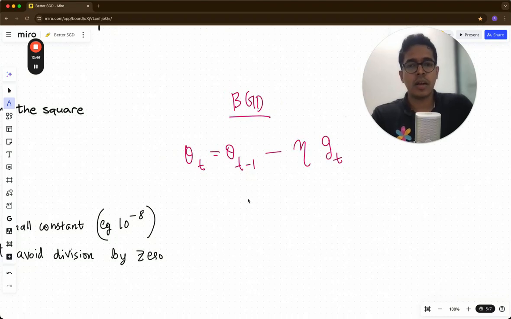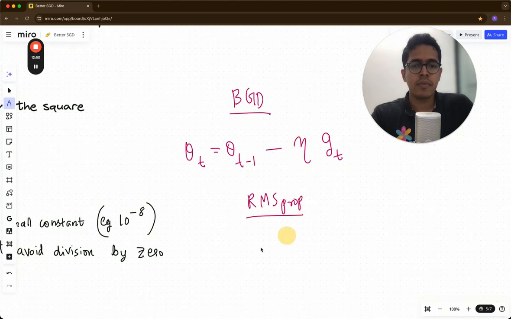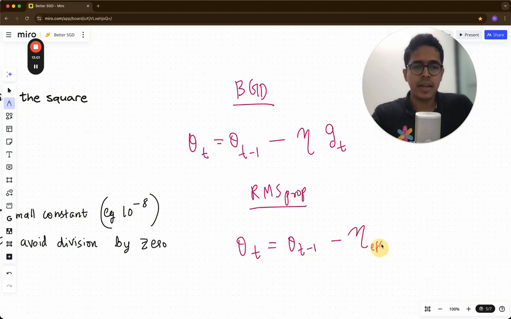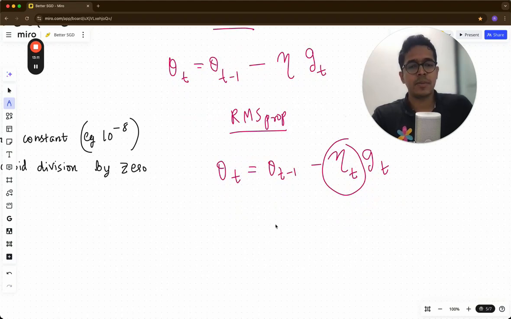This was the formula, but in RMSprop we use another formula, which is theta at time step t equal to theta at time step t minus 1 minus the effective learning rate, or maybe a better notation is the learning rate at time step t, times the gradient at t. Now you might be wondering, what is this learning rate at time step t?